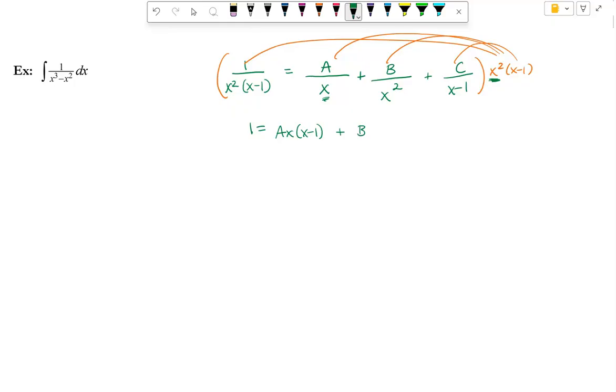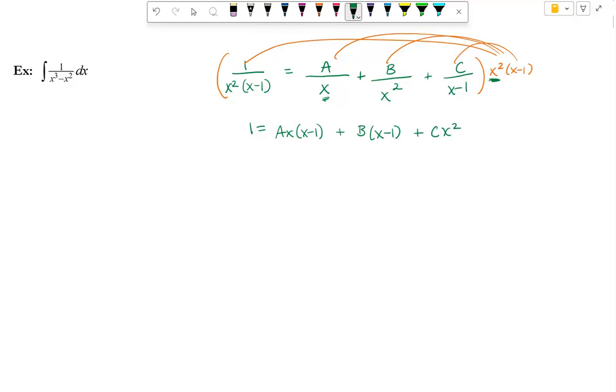When I get to my b term, my term with the b on top, my x squareds will cancel out. So I'm going to have b times x minus 1. And when I get to c, my x minus 1s will cancel out, so I have c times x squared. Okay, so again, I think what would be easier here is to pick 3 values of x to use to solve.